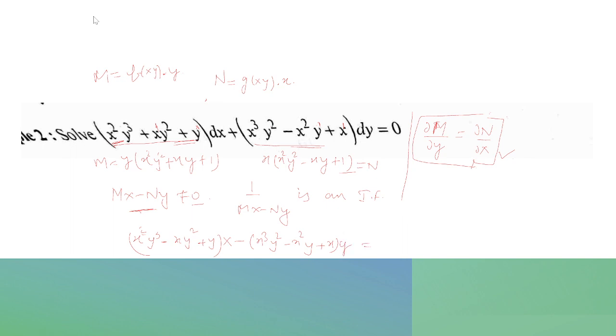So what we get? x cube y cube plus x square y square plus xy minus x cube y cube plus x square y square minus xy. So plus xy minus xy cancel, x square y square cancel, x cube y cube cancel. So Mx minus Ny is equal to 0, so this is an exact differential equation.